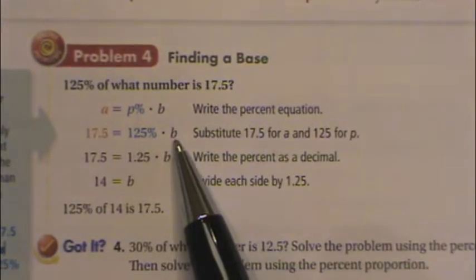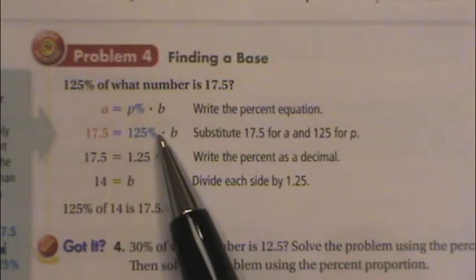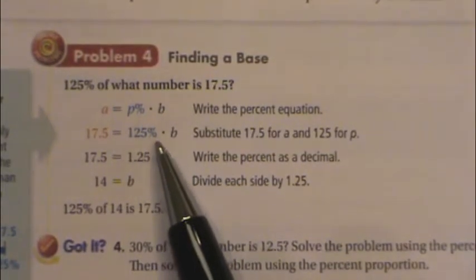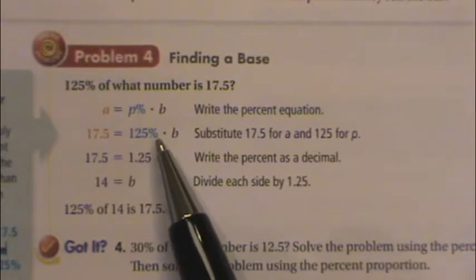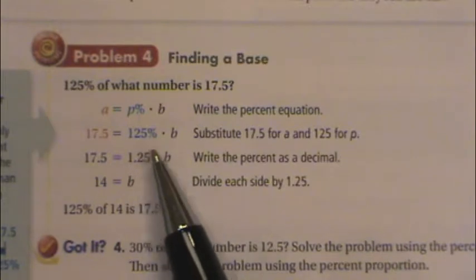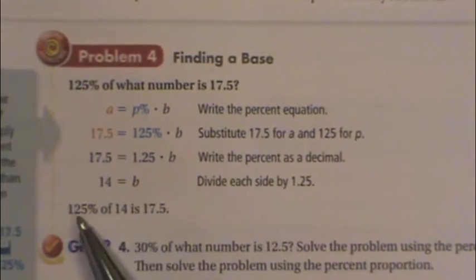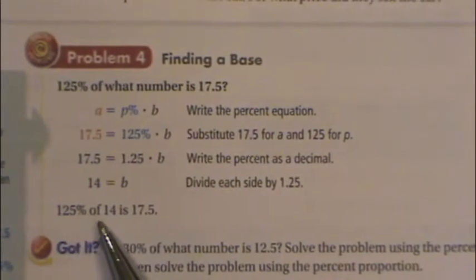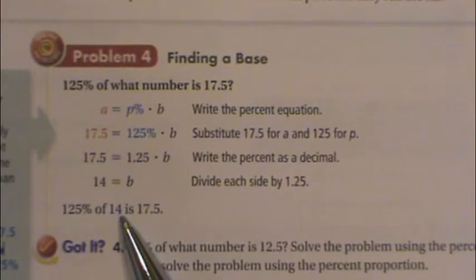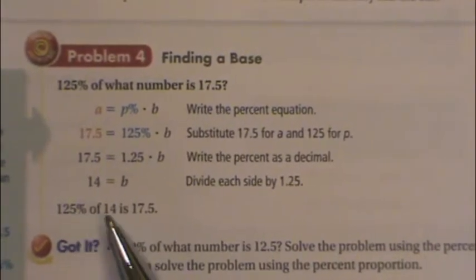From this point, it's easy, but you must remember, if you've written it out with the percent sign, you've got to move that decimal point 2 places before you can manipulate anything. That's why I prefer to write it out as 125 over 100. Then I don't forget to move the decimal point. And they go through the math. 14 is B, so 125% of 14 is 17.5. Smaller number, bigger number. 17.5 is 125% of a smaller number.